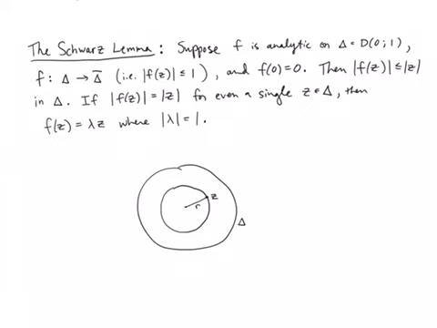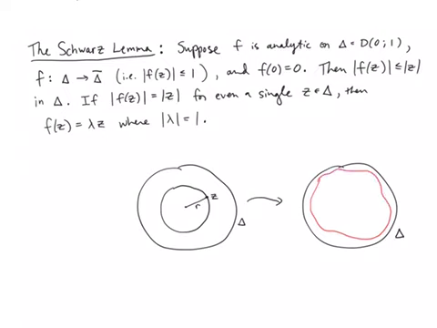That your function f has to take that smaller disk of radius r to itself as well. So your function is doing something like, okay, I'll have to draw the disk again. The image of the whole disk has to fit in the disk like this.